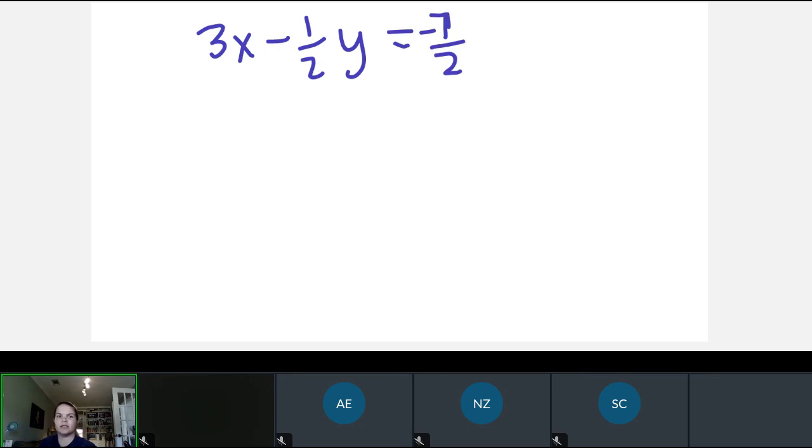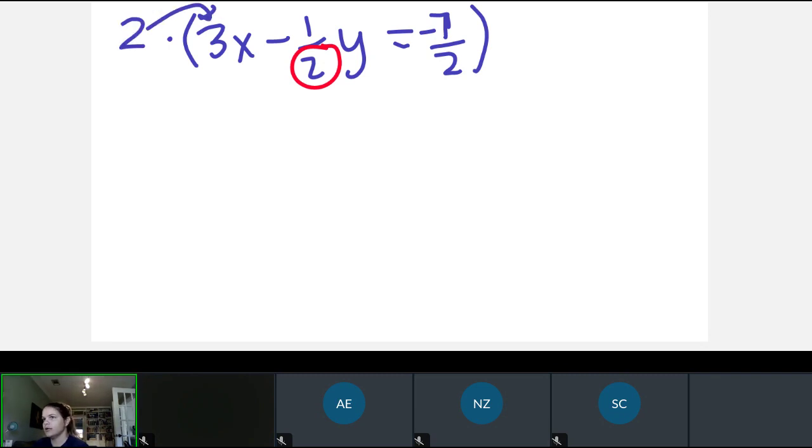This is part of the 5.07 quiz. All right. So when I have fractions here, I want to just go ahead and get rid of those fractions. So I'm going to multiply by the denominator. So I'm going to multiply everything by 2.